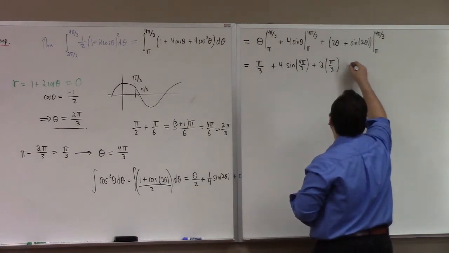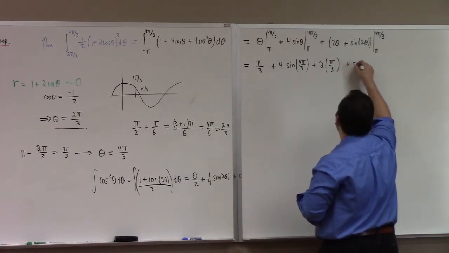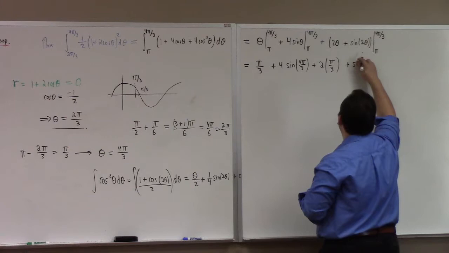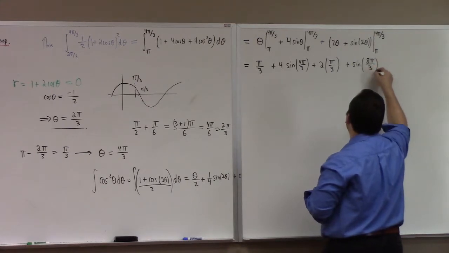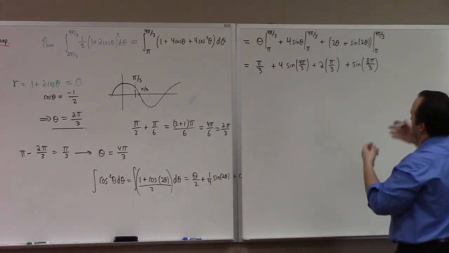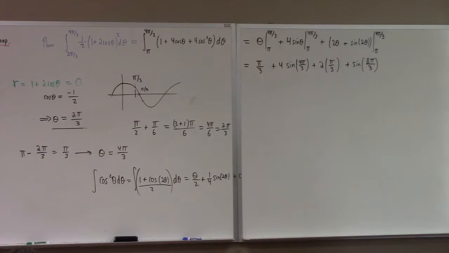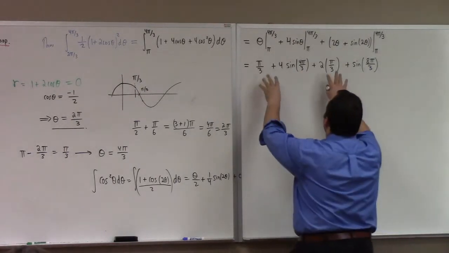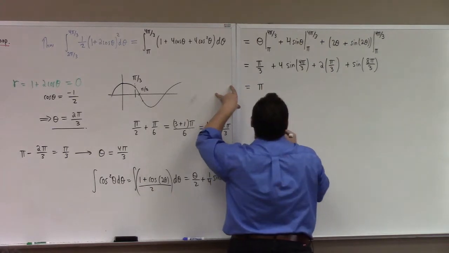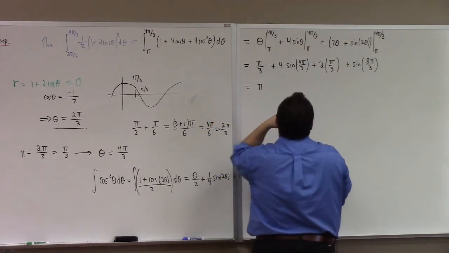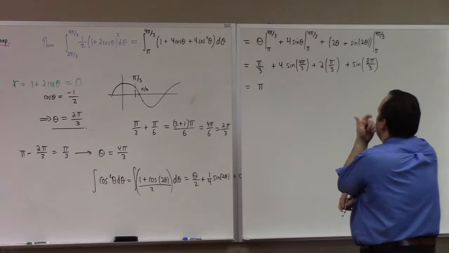And then plus the sine of, looks like, 8 pi over 3. The sine pi term is 0. So whatever that works out to. Oh, well, that's a pi. 2/3 plus 1/3 is 1. And I don't know about the other ones.